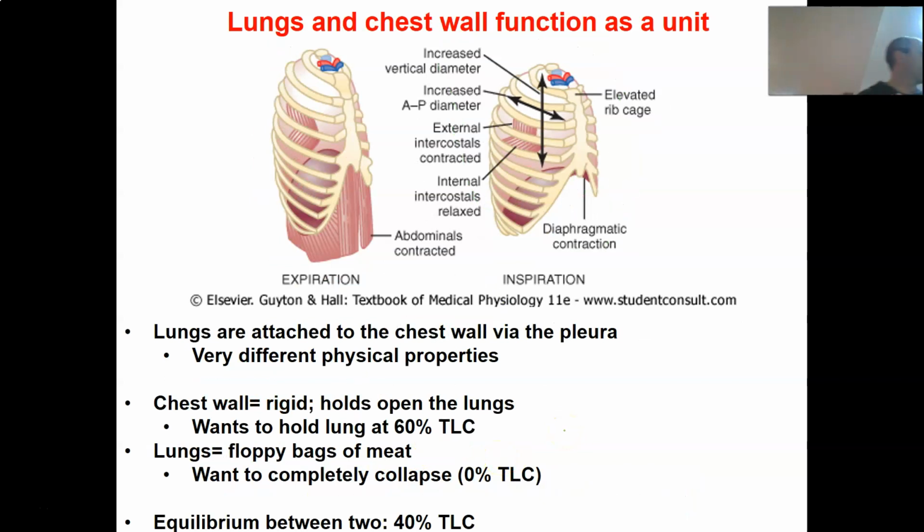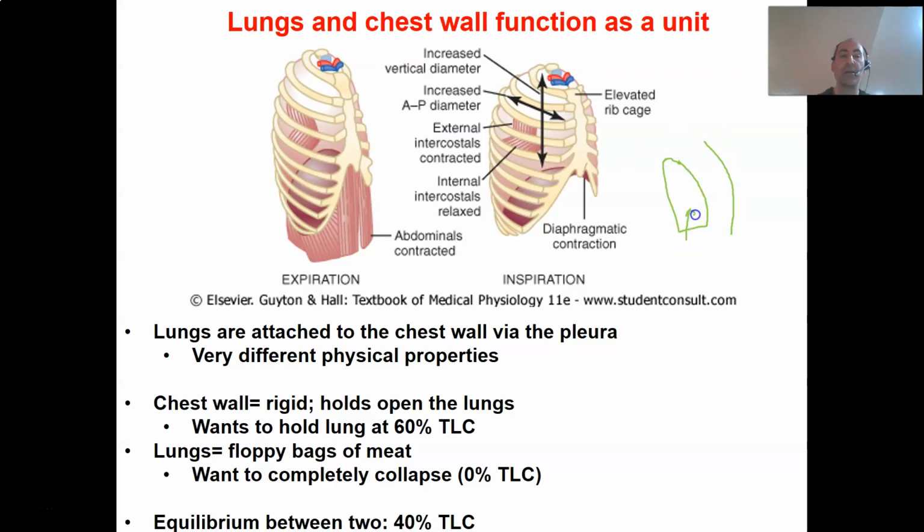Other things we should know about the lungs and the chest wall as a unit. The lungs are attached to the chest wall via the pleura. Pleura has very different physical characteristics. So the pleura, right, this is the chest wall, and here's the lung.